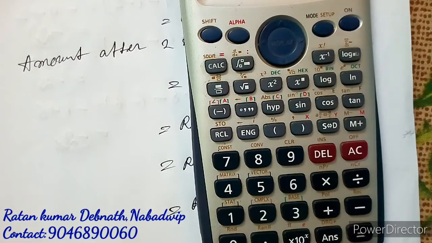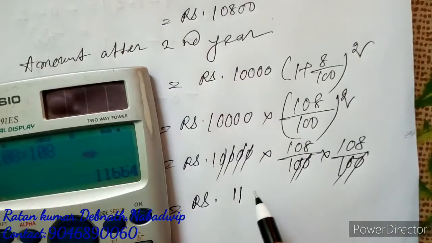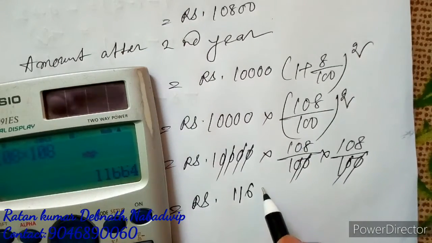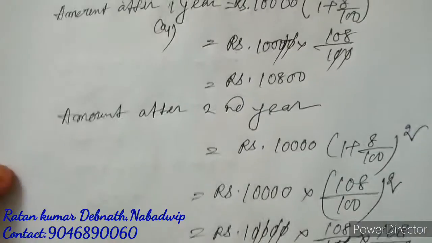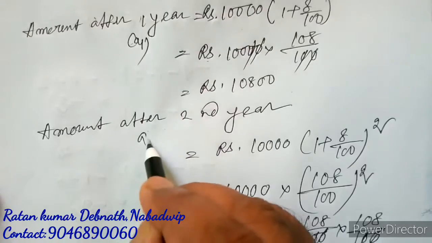I'll take help of a calculator because I don't want to waste your time. 11664. This is our A2, second term.